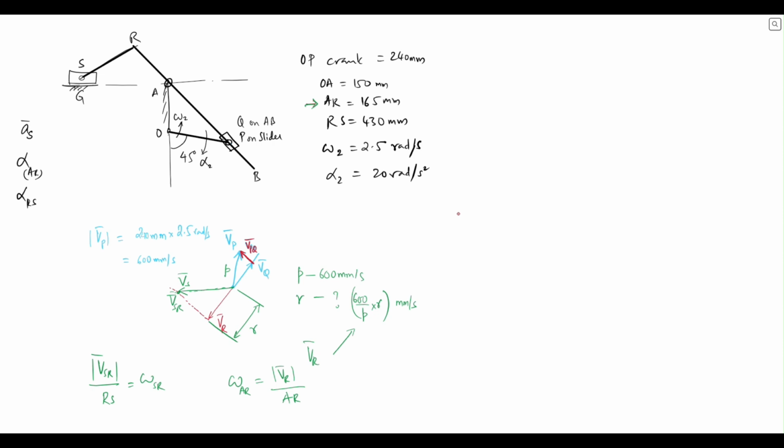Before we get to the acceleration diagram, let's point out something with respect to the slider. The slider is on a rotating link, and so there is going to be slip acceleration and Coriolis acceleration.